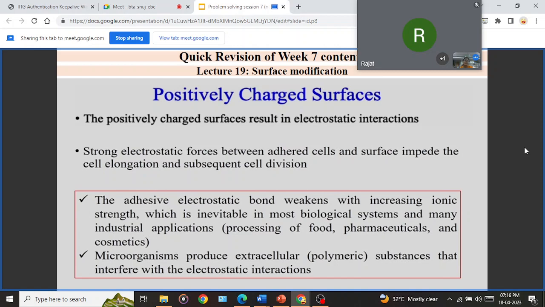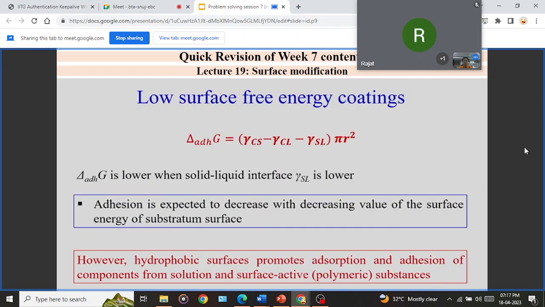So these positively charged surfaces, with the help of their electrostatic interaction, help in avoiding the adhesion of the various microbes onto the surface.